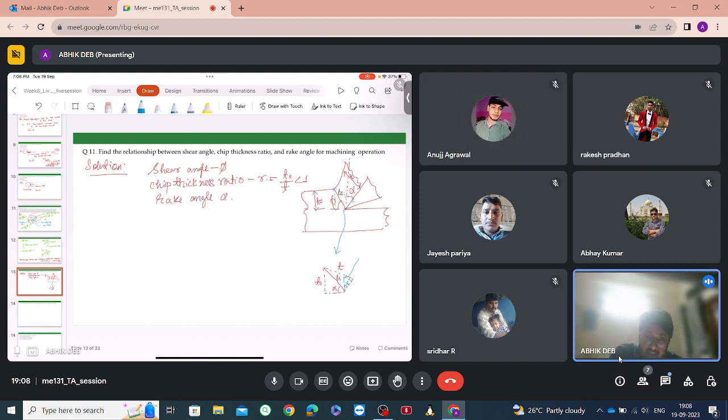One angle is 90 degrees, so what is the sum of the other two angles? 90 minus alpha. Yes, so this angle will be 90 minus alpha.